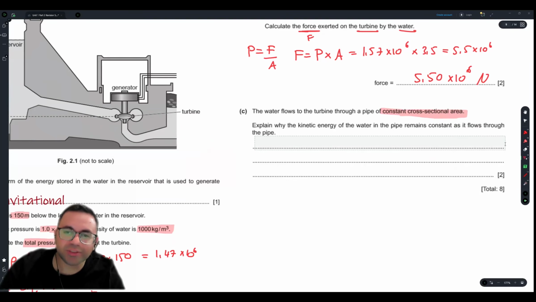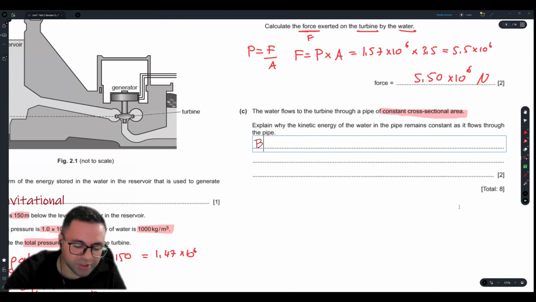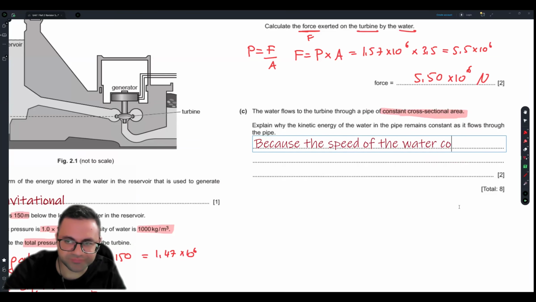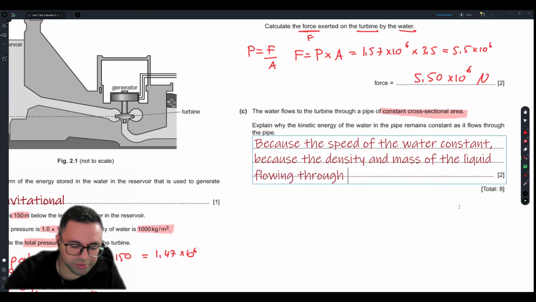So explain why the kinetic energy remains constant. You can at least get 1 mark because the speed of the water is constant. Like that's one thing. It's like kinetic energy is constant, the speed is constant. But why is the speed constant? Because the density and mass of the liquid flowing through is constant.